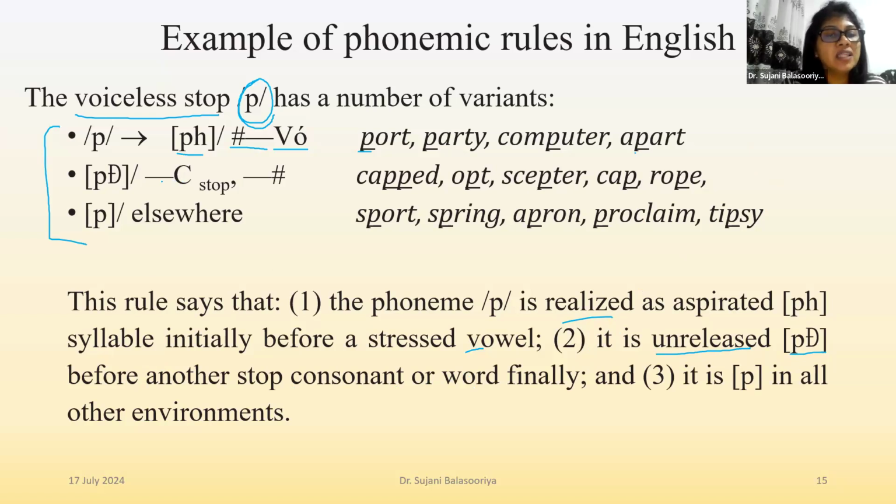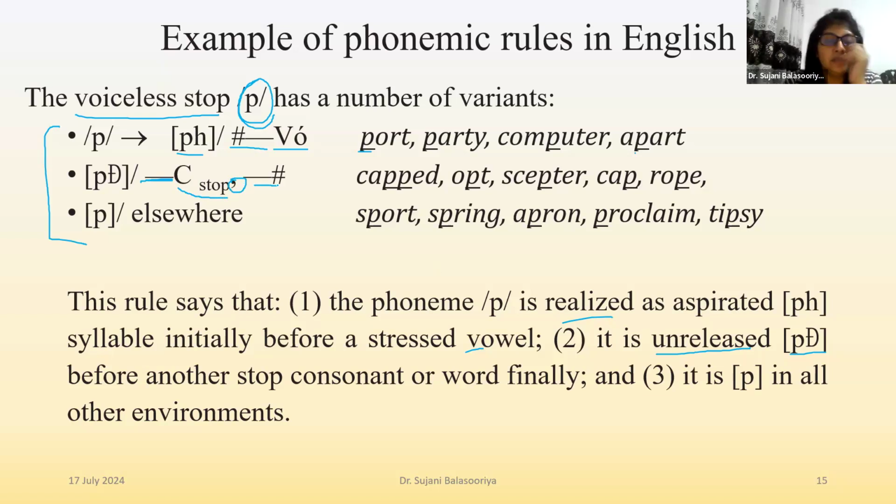Before another stop consonant. Now, this is where the allophone occurs, okay? So it occurs in front of a stop consonant. This is how you can see stop consonant has been written. Or to indicate that, you have a comma, see, word finally, at the end of a word.